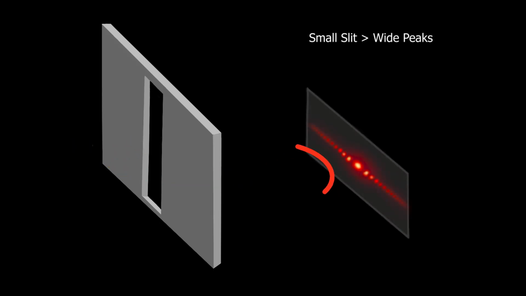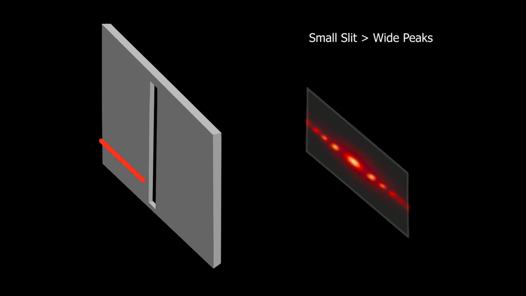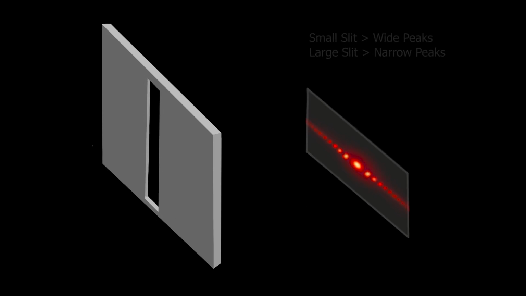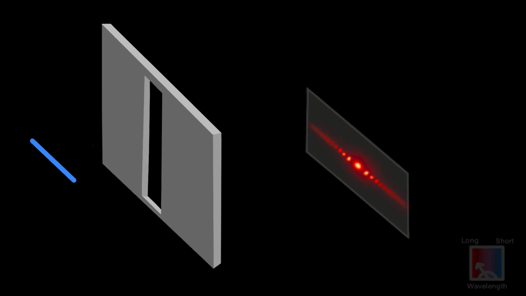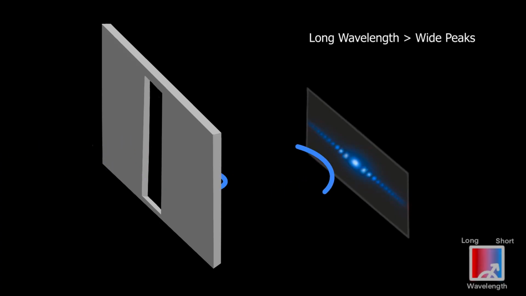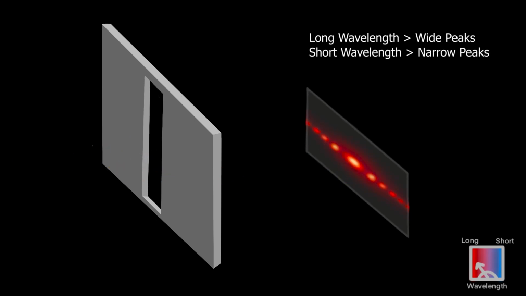When the slit is narrow, the peaks broaden, but when the slit is wider, the peaks get narrower. Similarly, if we keep the slit the same size, then a longer wavelength of light broadens the peaks, while a shorter wavelength narrows them.